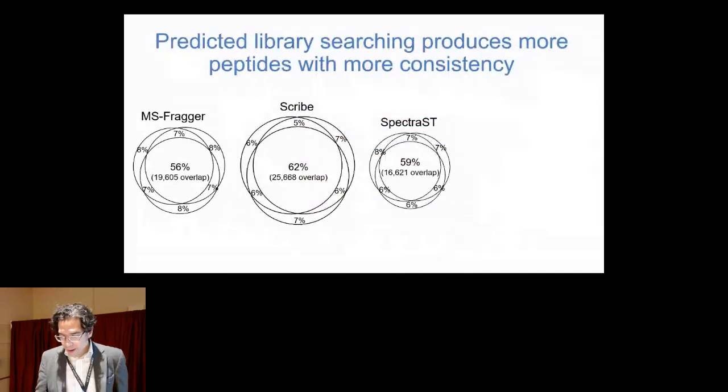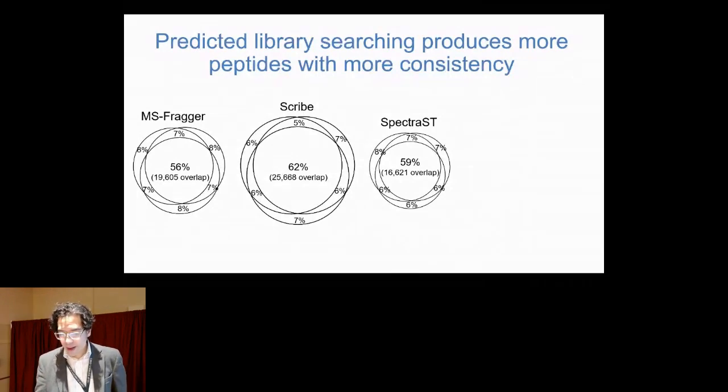To give you an idea as to how consistent these measurements are, here are the peptide overlaps between triplicate analyses done by MS-Fragger, Scribe, and Spectrast, where the size of the Venn or Euler diagram is proportional to the actual number of peptides detected.